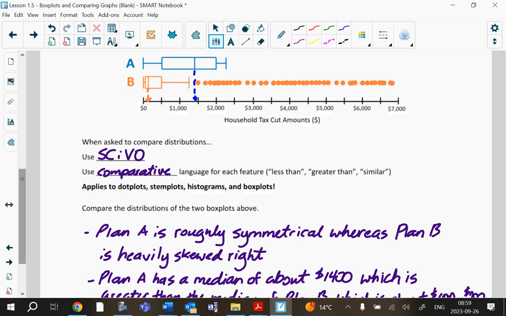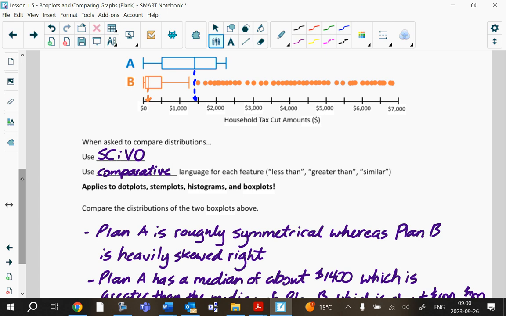IQR. That means we got to find the ends of the rectangle and subtract them. So this is about Q3 in plan A is about what? 2,500. So the IQR for plan A would be, yeah.